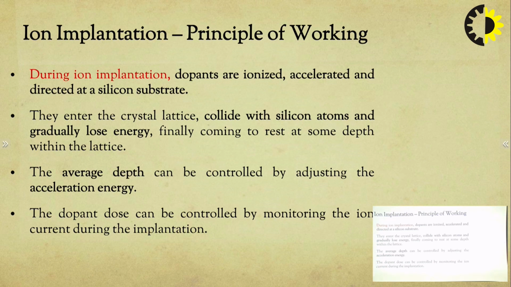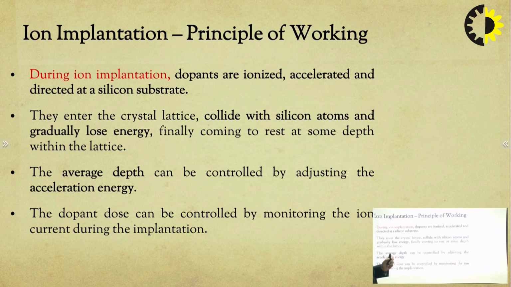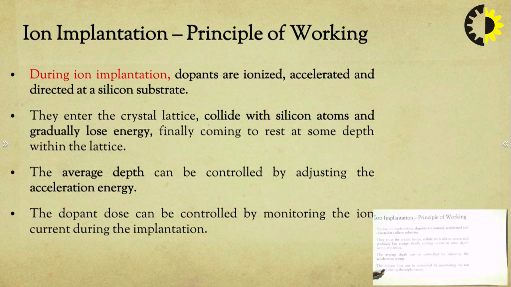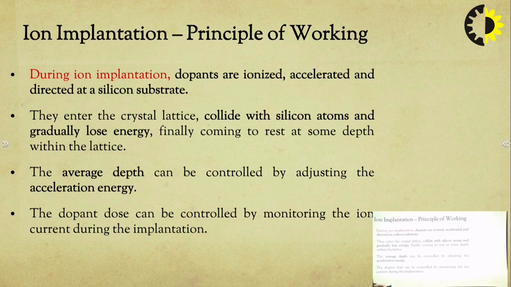Now, in ion implantation, the dopants that are to be introduced into the wafer are ionized, accelerated, and directed at a silicon substrate. When they collide with the silicon atoms there, they gradually lose their energy and finally come to rest at a certain depth within the lattice.